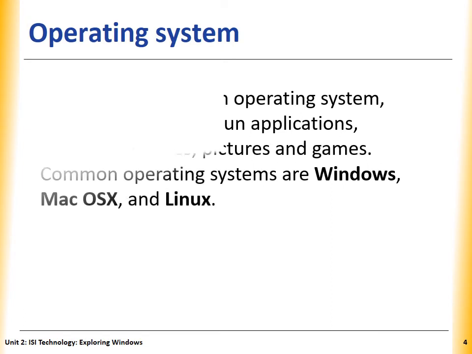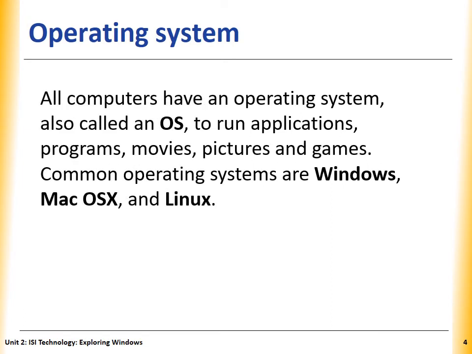Okay, now we are going to talk about different types of operating systems. All computers have an operating system, also called an OS, to run applications, programs, movies, pictures, and games on your PC or computer. Common operating systems are Windows.